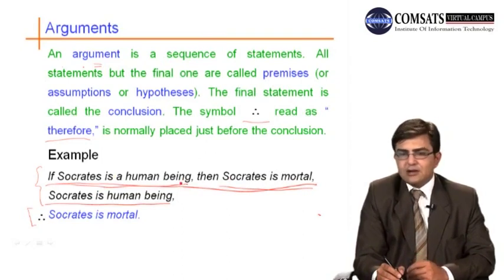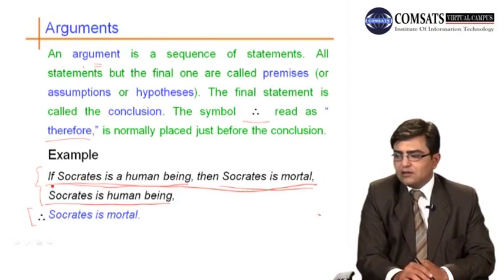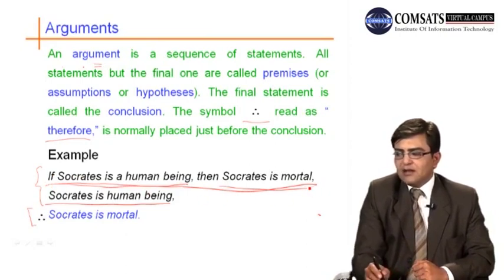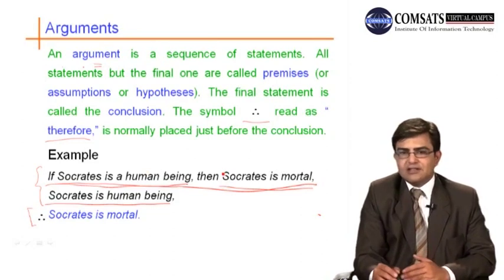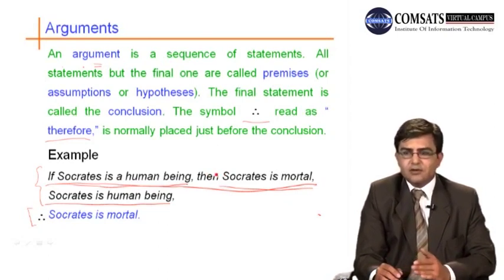But in arguments we suppose that as a whole this premise is true. It means there are cases. Socrates is a human being is true, Socrates is mortal is also true; then as a whole this conditional statement is true. If Socrates is a human being is false, and Socrates is mortal is false, then in this case also this conditional statement is true.